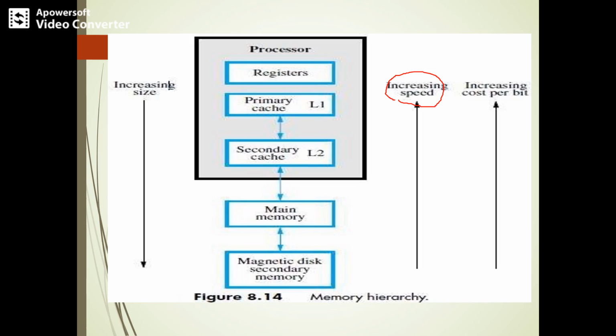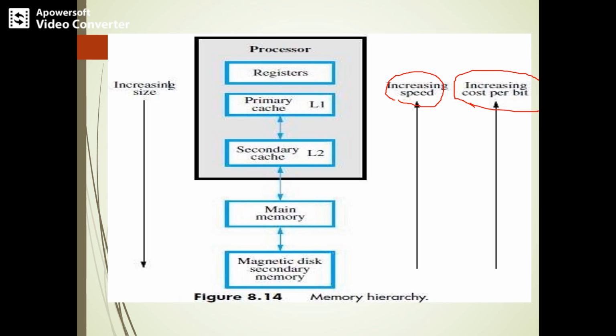SRAMs are used in cache to provide data to the processor at a faster rate. Next, if I am considering the other factor with respect to the processor register, that is cost: in order to store a single bit of information within the register, it is costly.